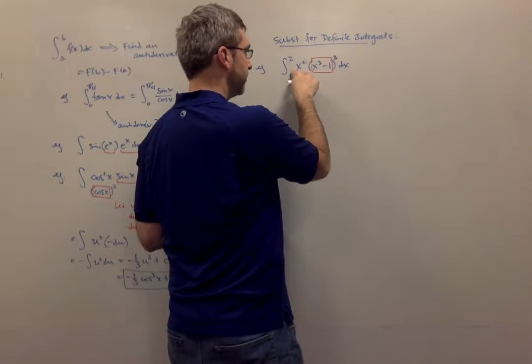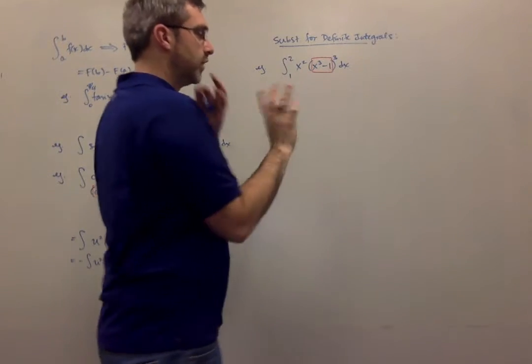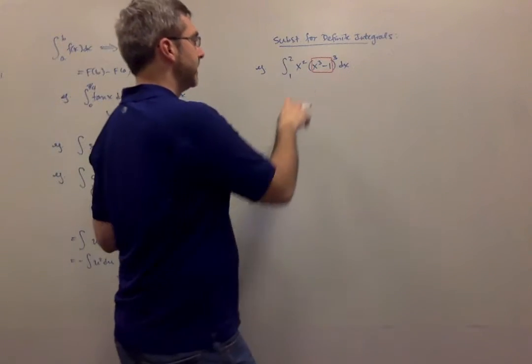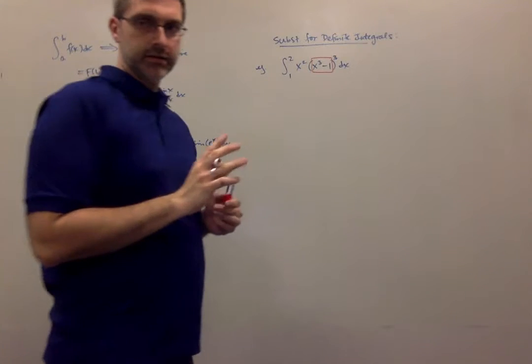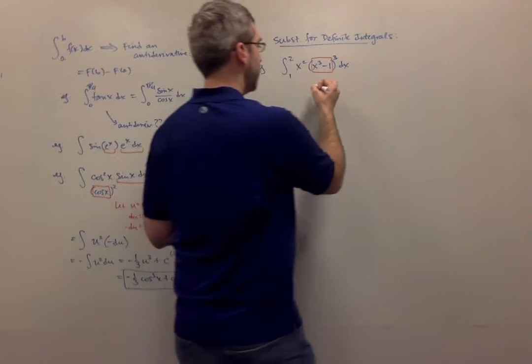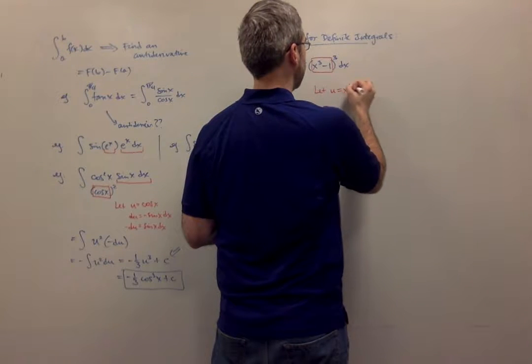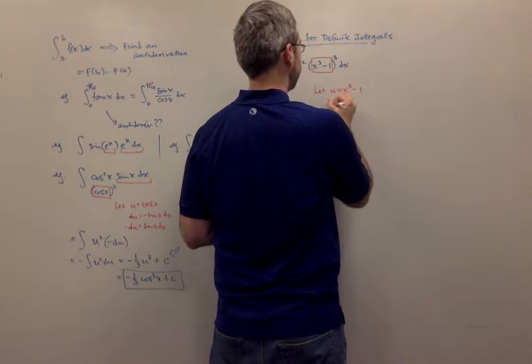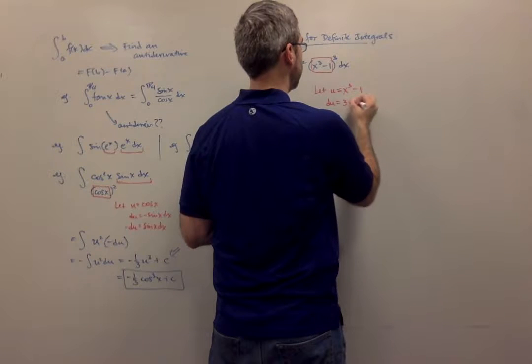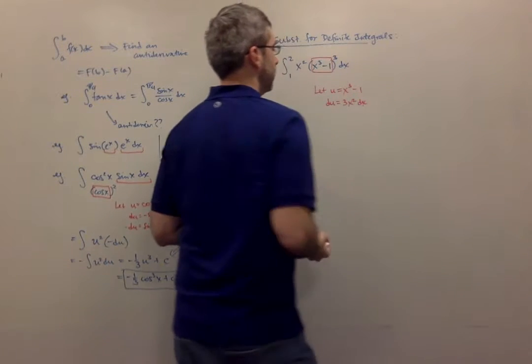Derivative of x cubed is 3x squared. Derivative of 1 is 0, so that goes away. But that 3 is not really going to be that big a deal. Okay? So what I would be tempted to do here is to let u equal x cubed minus 1, and then my differential du is going to be 3x squared dx.